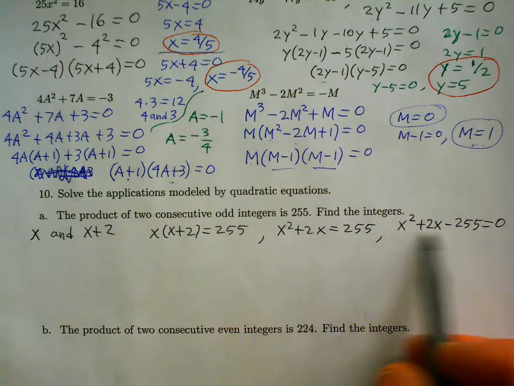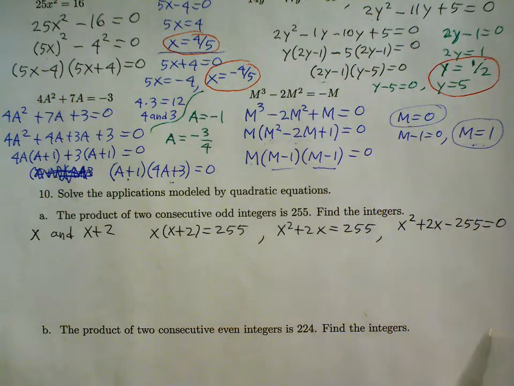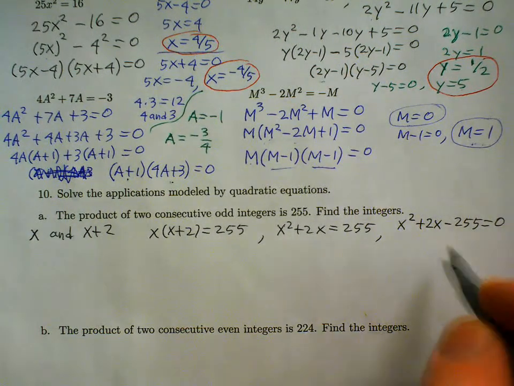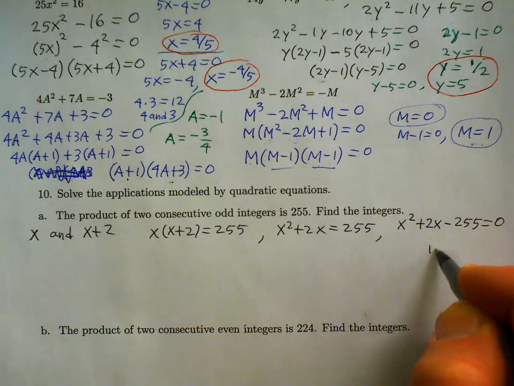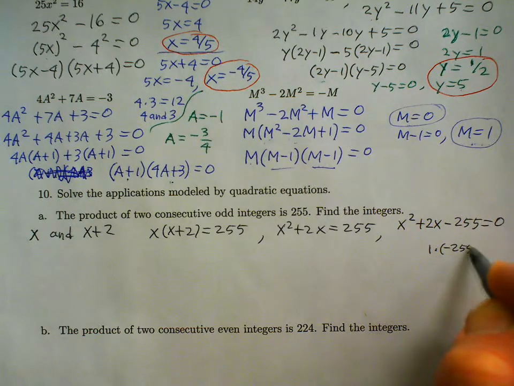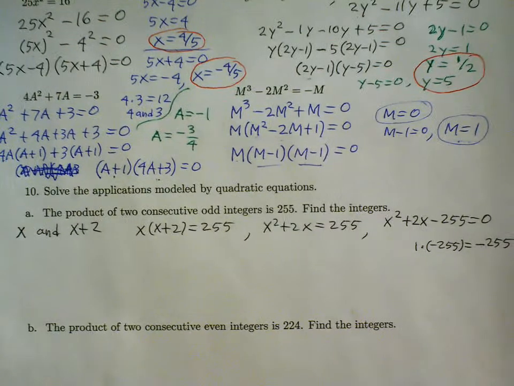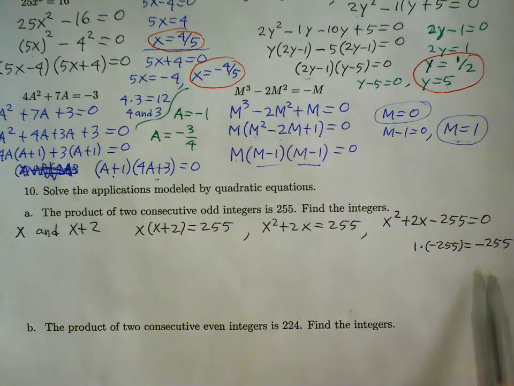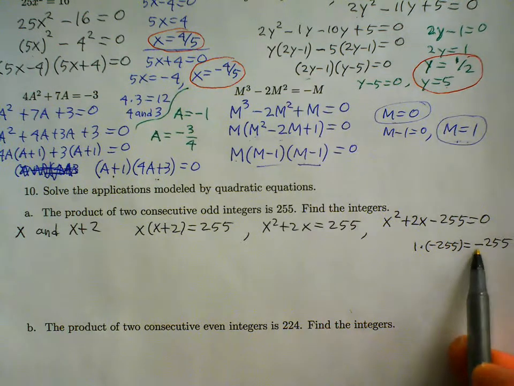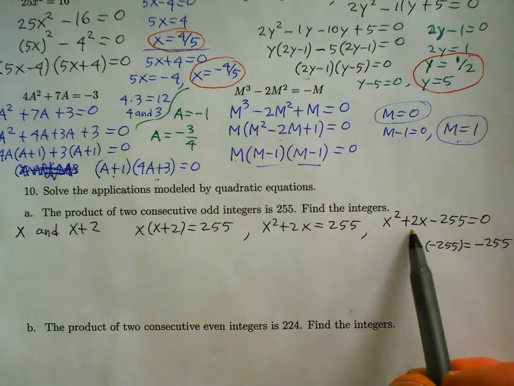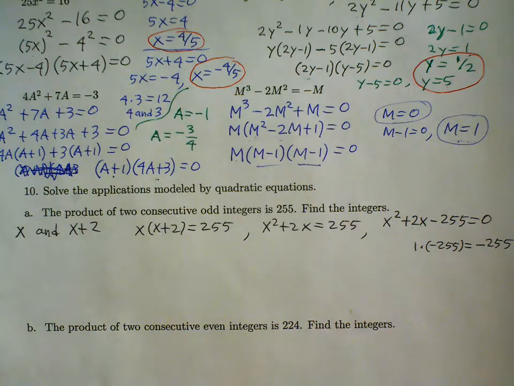The greatest common factor is 1. So we use the AC method. 1 times negative 255 is negative 255. Okay, so find two integers whose product is negative 255 and add up to positive 2.